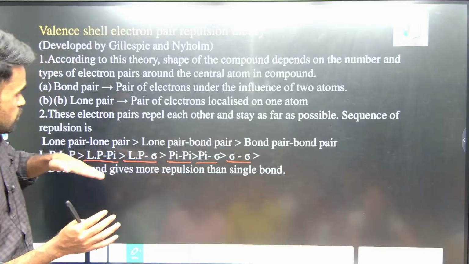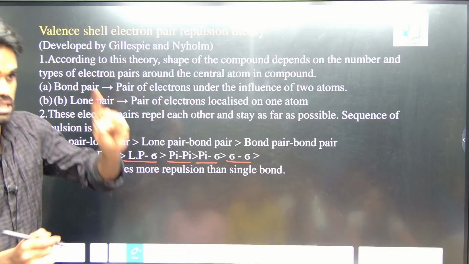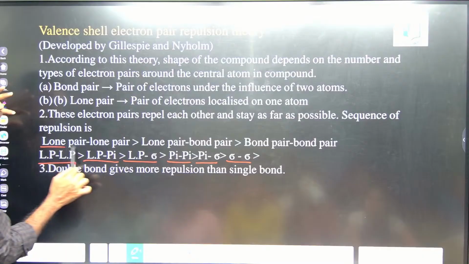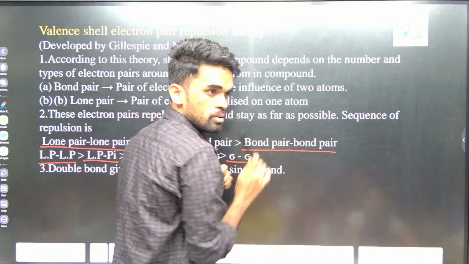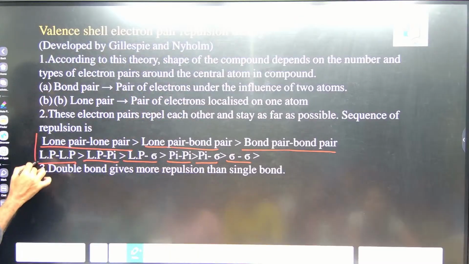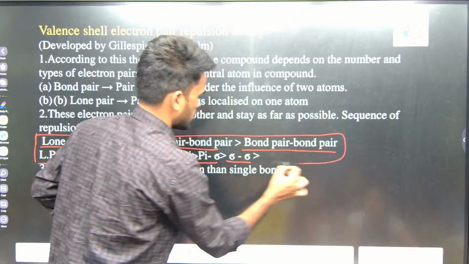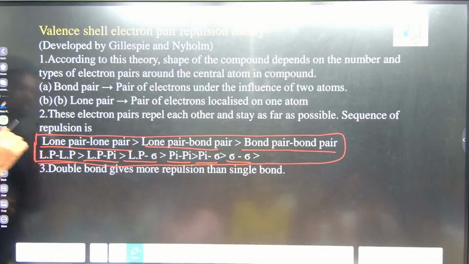First, this is for the complete extreme level. The basic thing you need to know is that lone pair repulsion is more than lone pair bond pair repulsion, then bond pair repulsion. So you just write this one line, whatever the box I have highlighted.